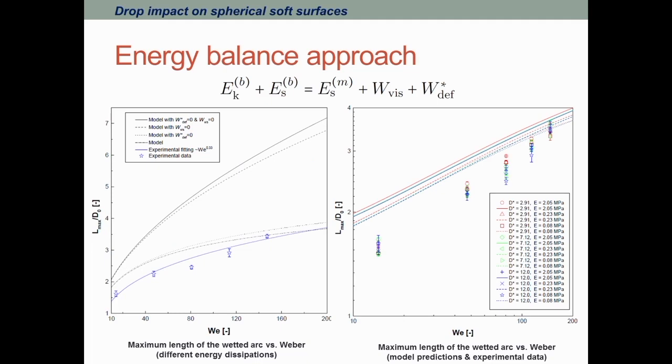This is the result considering only the dissipation due to the substrate deformation, and this is the result considering the energy dissipation due to the viscous forces. You can see that the viscous dissipation still dominates. And we also compare the model prediction to our experimental data for various impact parameter sets.